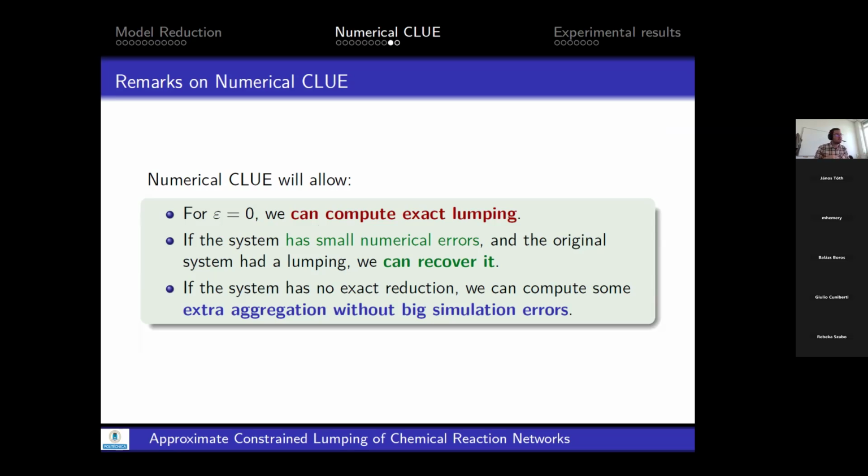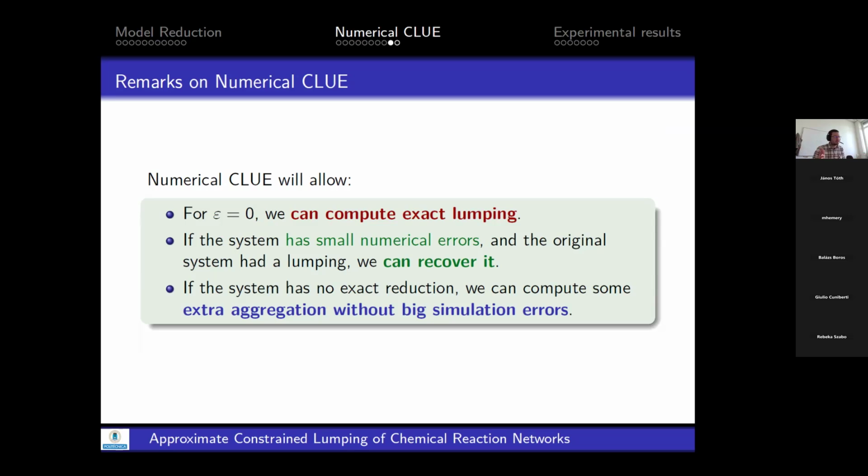It is hinted, at least in examples, that if with a very small epsilon, a very small error, you get some reduction, it means that your system was already not exact in that sense. And probably you will need to check that maybe your system is a bit perturbed by some numerical error over there.